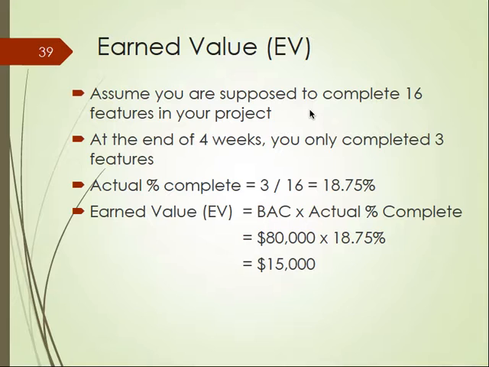But after the end of 4 weeks, you have only finished 3 features. So the actual percent of work completed will be 3 divided by 16, so it's 18.75%. So your earned value will be the total budget, $80,000 times 18.75%, which is $15,000.